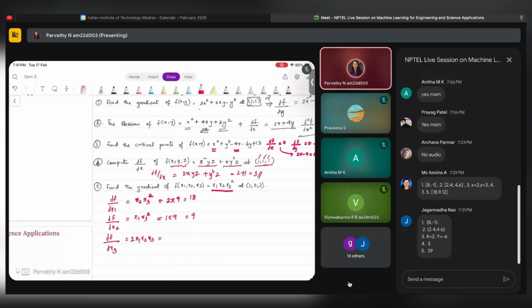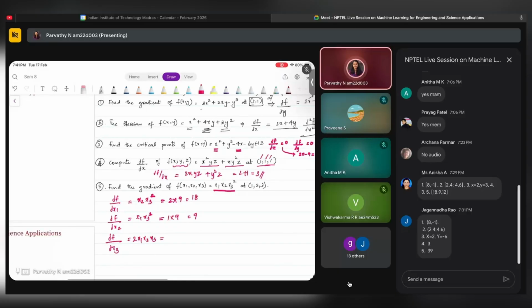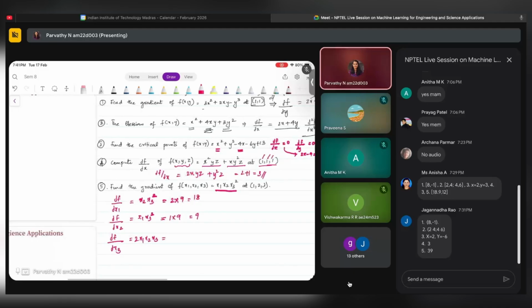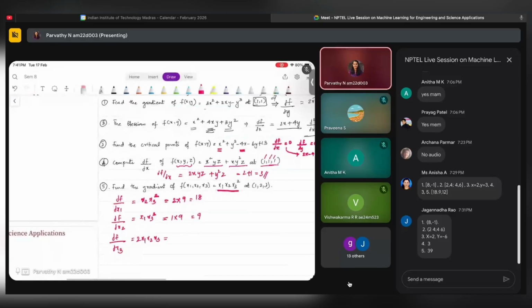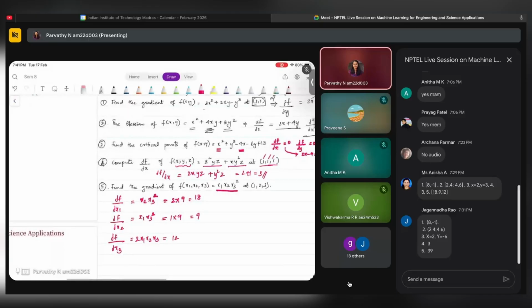If we substitute 1, 2, 3, that is 2 into 1 into 2 into 3. So that is 12. So the gradient at 1, 2, 3 is 18, 9, 12.